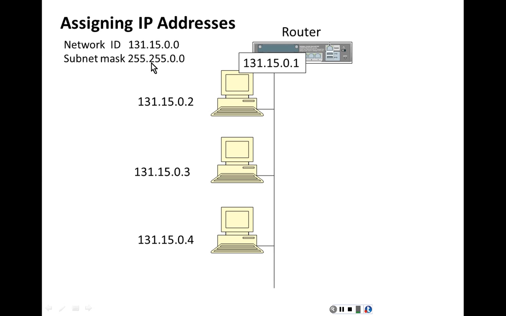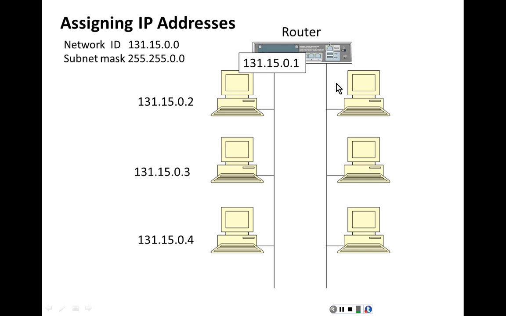Standard Class B subnet mask. Fine. Well, then we decide we're going to add another network in our building, or maybe connect a building to it. So the other network we connect, and we hook the computers up, and the question is, what IP addresses are we going to assign to the computers in this network?